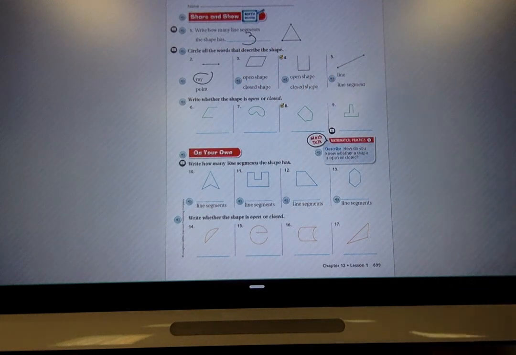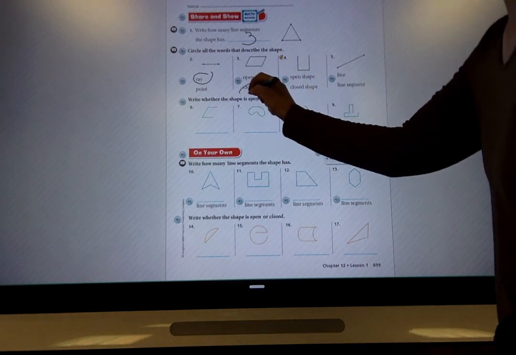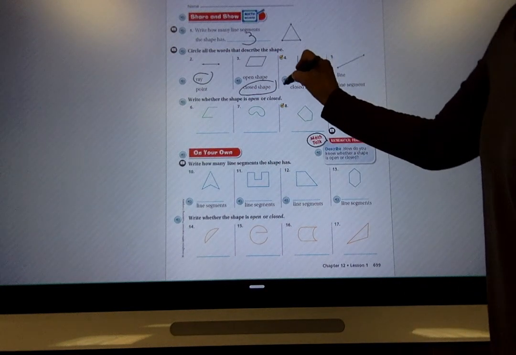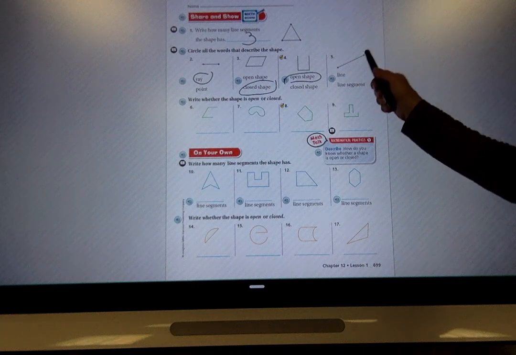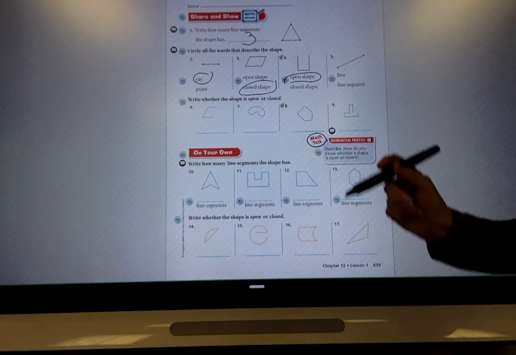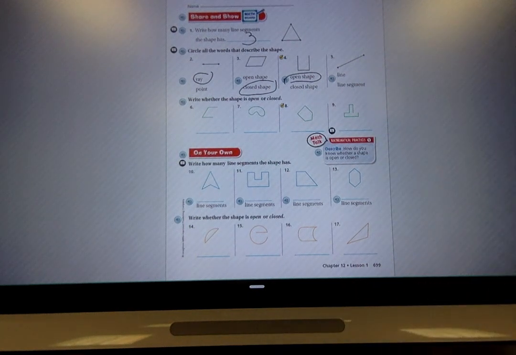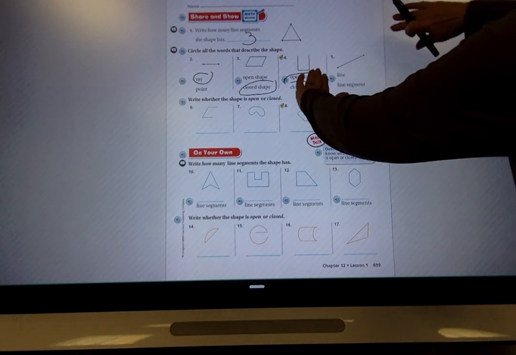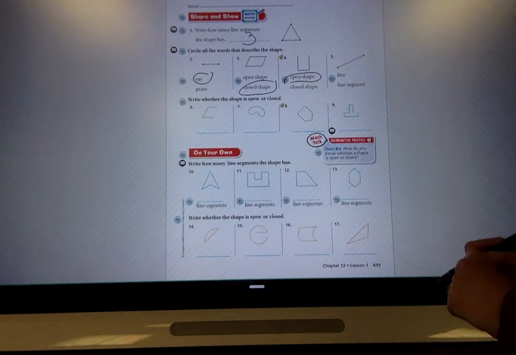Number 3, is that an open shape or a closed shape? That's pretty easy. We're going to circle closed shape. Number 4, open. Number 5, now is this a line or a line segment? Remember, a line goes on. So to show that it goes on and on, we use arrows at the ends.